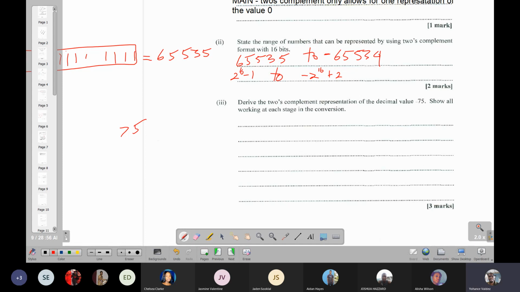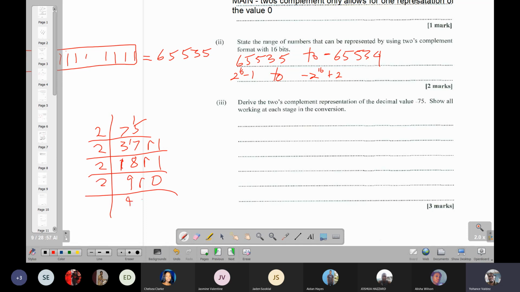Okay? So in the case of 75, when we work out the value, 2 into 75 is 37, remainder 1. 2 into 37 is 18, remainder 1. 2 into 18 is 9, remainder 0. 2 into 9 is 4, remainder 1. 2 into 4 is 2, remainder 0. 2 into 2 is 1, remainder 0.